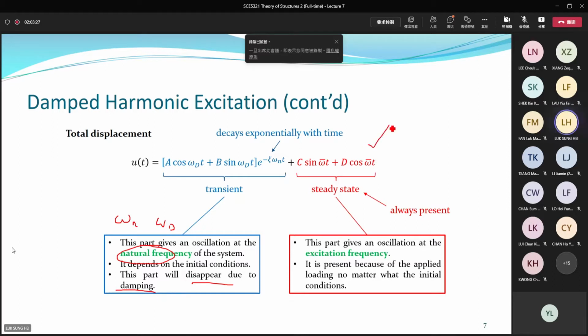The second part, the red one, the steady state response, depends on the exciting frequency, the loading frequency. This part stays forever, always present, as long as the loading is there.